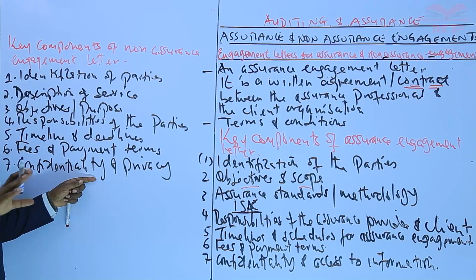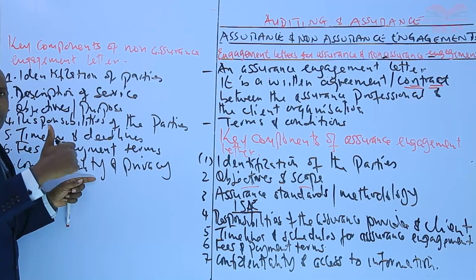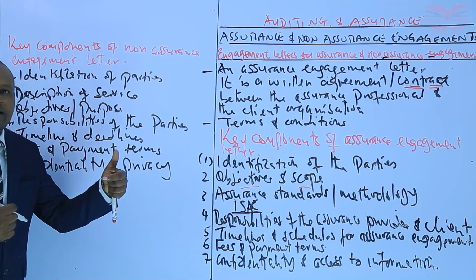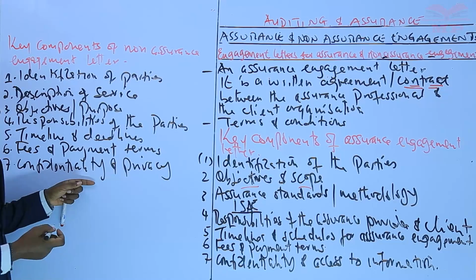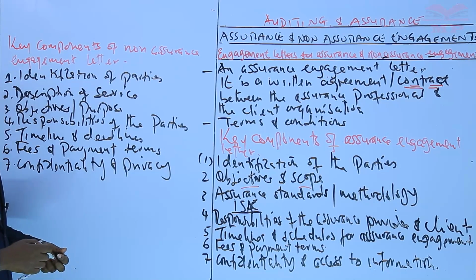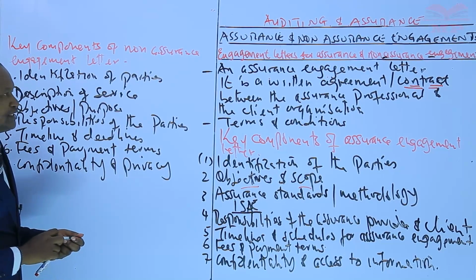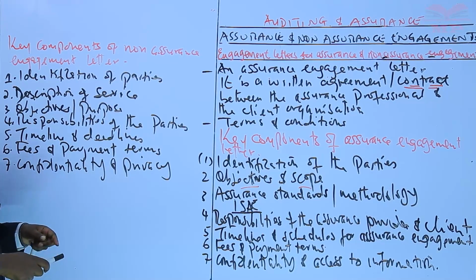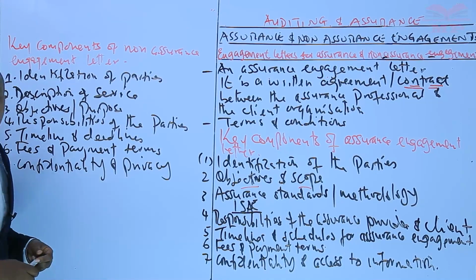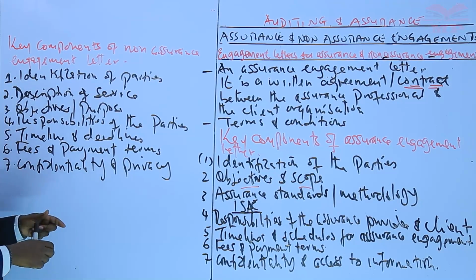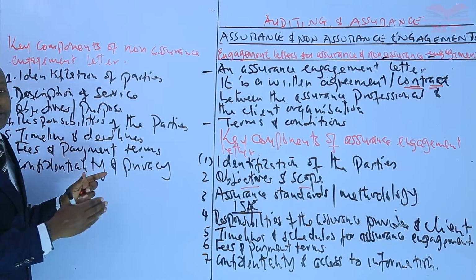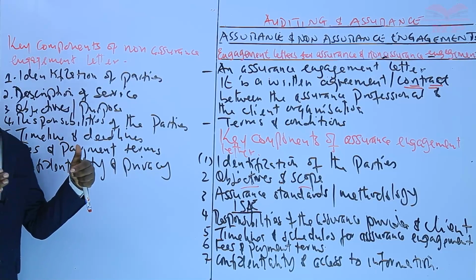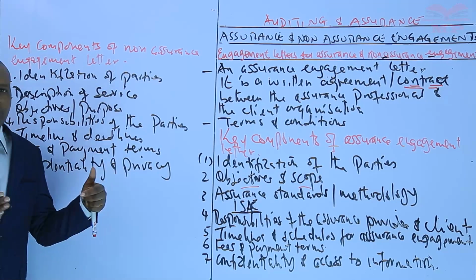It may include a confidentiality clause or a commitment to comply with the relevant data protection regulations, because in the process of carrying out his assignment, the professional may come across information of the client that is deemed to be confidential, and therefore there ought to be a clause within the agreement on data protection.